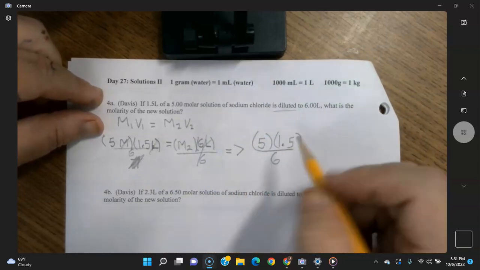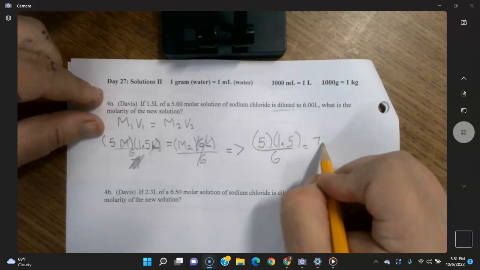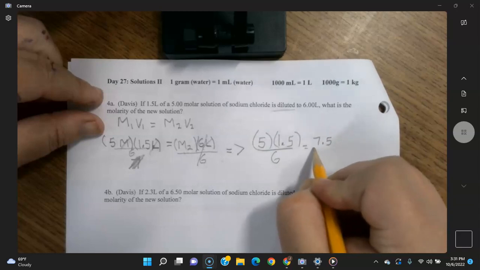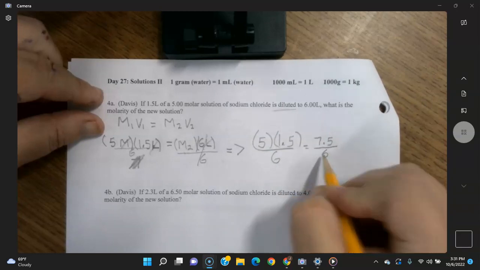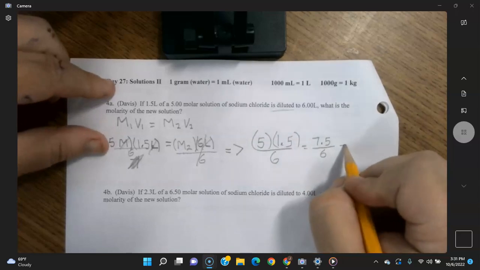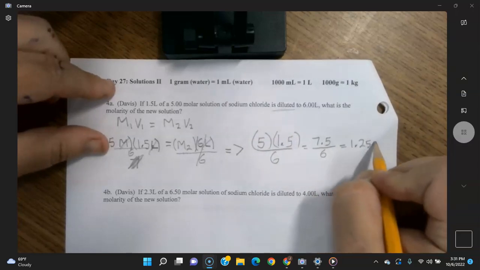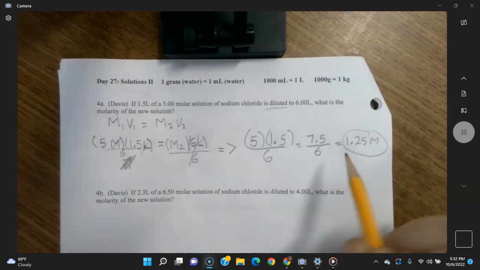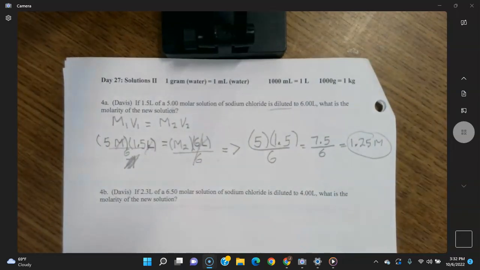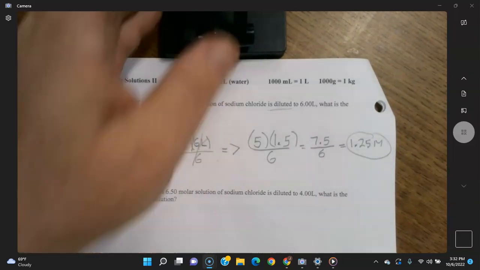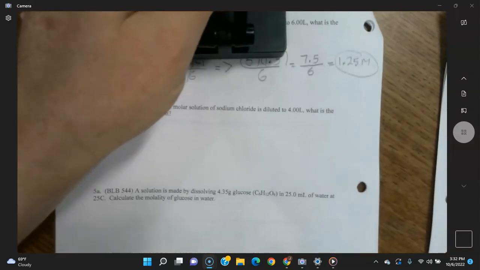So 5 times 1.5 equals 7.5, and you divide that by 6, and when you do that on your calculator, you get 1.25 molar. Okay, so that's how you do a dilution problem. They're fairly simple. Okay, all right. Do 4B. I'm going to move on to 5A.